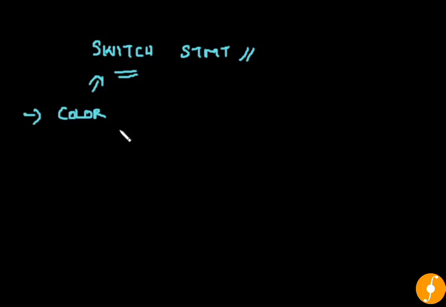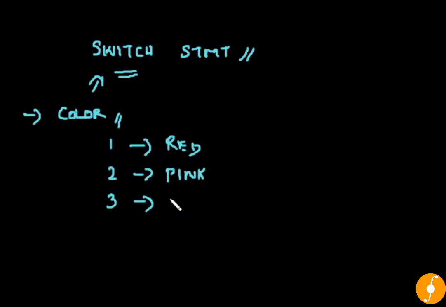Say suppose when the user enters the value 1, you can say that you have chosen red color. When the user has given value 2, you can say that he has chosen pink. If he has given a value 3, you can say that you have chosen blue color.